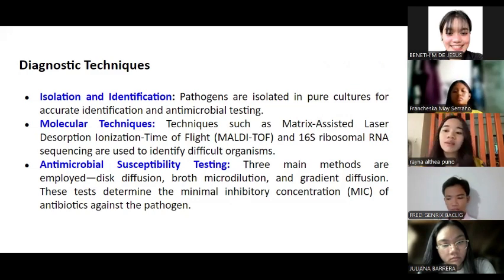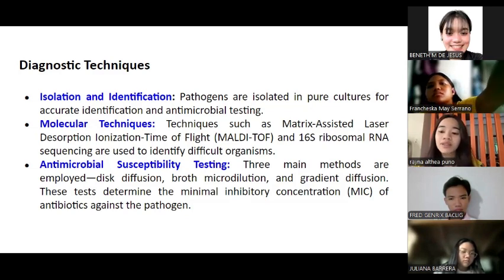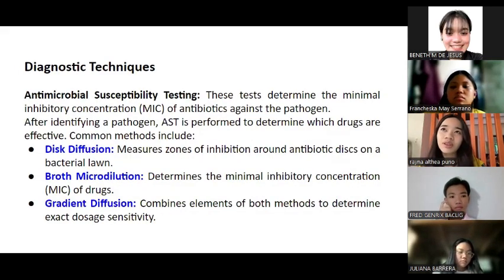And third is antimicrobial susceptibility testing. The three main methods employed are disc diffusion, broth microdilution, and gradient diffusion. These tests determine the minimal inhibitory concentration or MIC of antibiotics against the pathogen. Disc diffusion is the method where paper discs soaked in antibiotics are placed on an agar plate where the bacteria are grown.